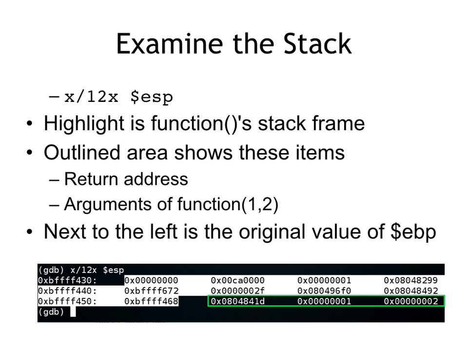All right, you can examine the stack by just doing x with the ESP, and you will see this. This is inside the subroutine. The stack goes from 430 to 450. That means if you examine 12 hexadecimal words, it'll give you 30 lines in hex. So this is the first word in the stack.